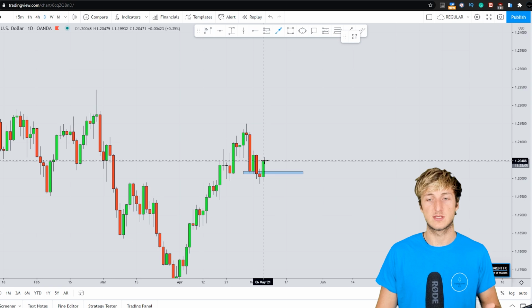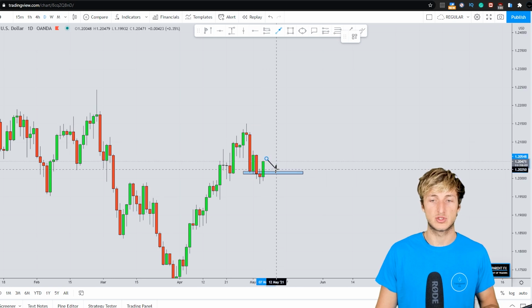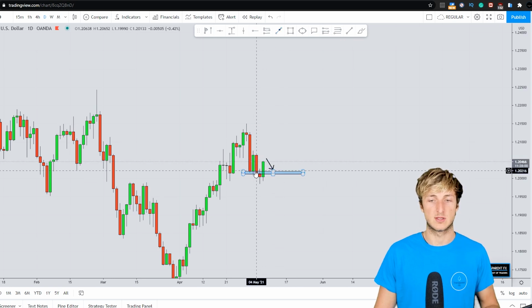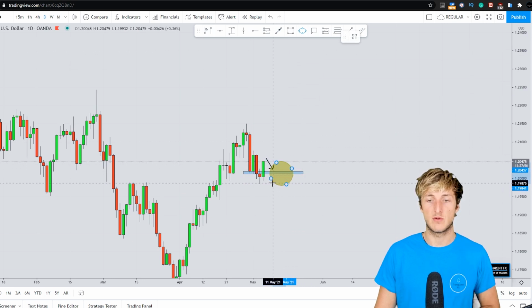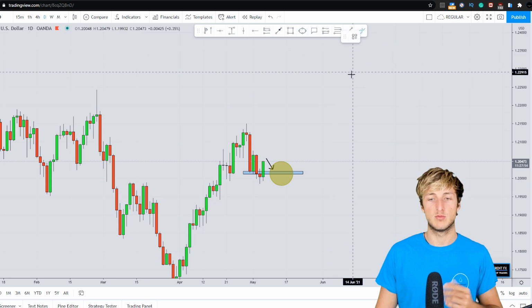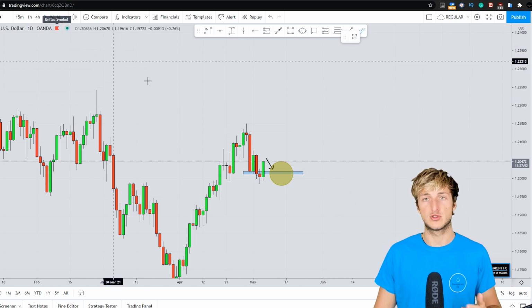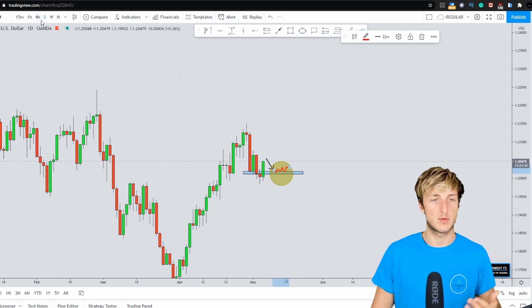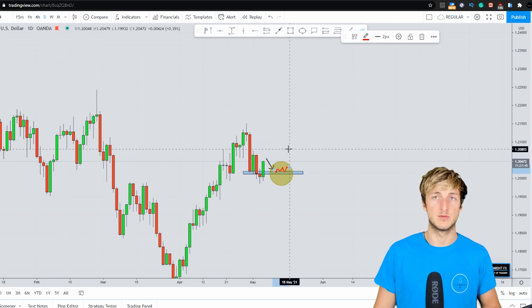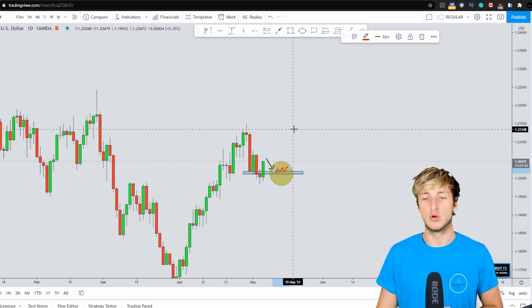So if we will have a successful break and close above this structure, after a break on the retest of this previous support, which will be again support here inside of this area, what we will be doing is monitoring price action from an intraday perspective, so 4-hour and lower, waiting for the market to shift from a 4-hour and lower bearish market, as we will have, to a 4-hour and lower bullish market.